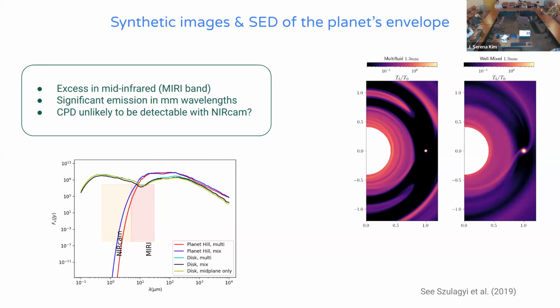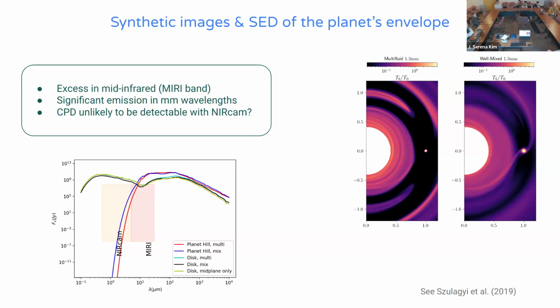And this is a very preliminary result that we are looking into. But the bottom line is that when you compare the spectral energy distribution at different wavelengths for JWST, for mid-infrared, we see some excess introduced by the planet envelope with respect to the circumstellar disk.